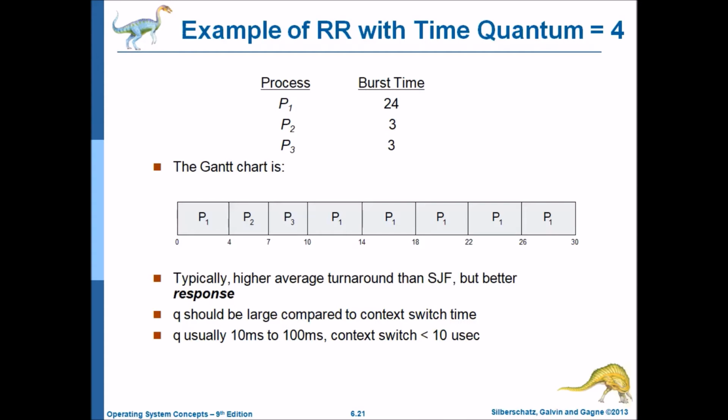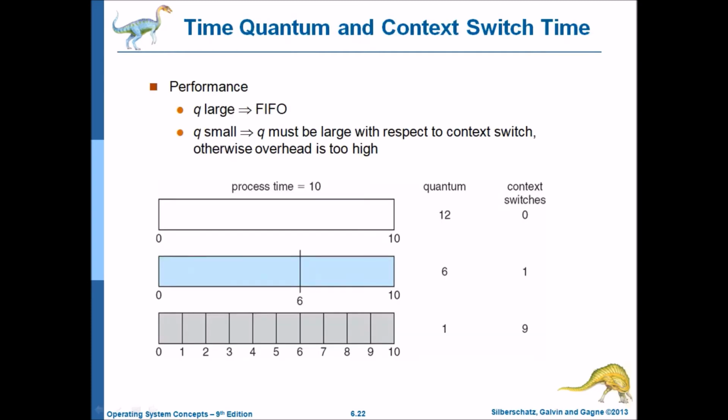The time quantum usually is 10 to 100 milliseconds, while a context switch takes less than 10 microseconds. If the quantum value is large enough, then round robin is reduced to the first-come, first-served algorithm, similar to first in, first out.